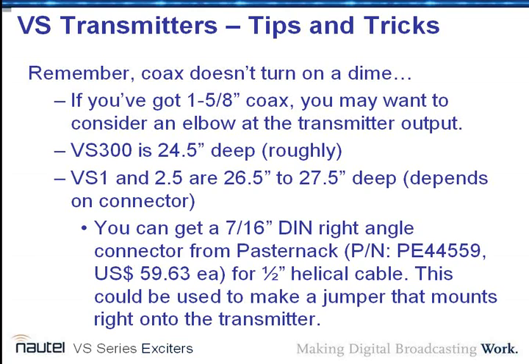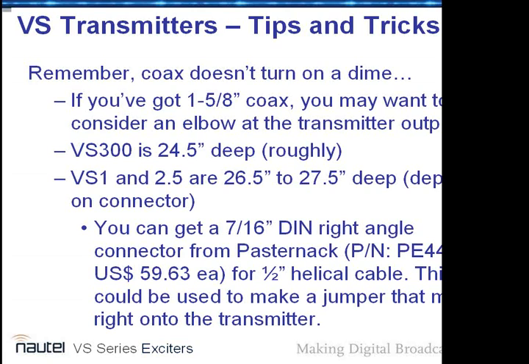In that case, we can provide the transmitters with DIN connectors, and a DIN connector will save you a whole bunch of money over using an EIA flange. In addition, the DIN connectors are a whole lot more flexible. You can hand tighten it onto the back of the transmitter, and they're dead easy to put on.